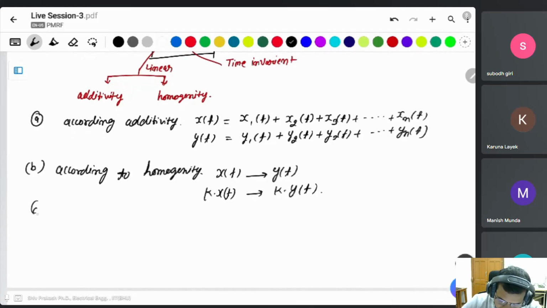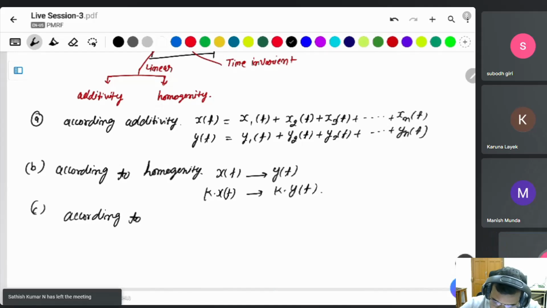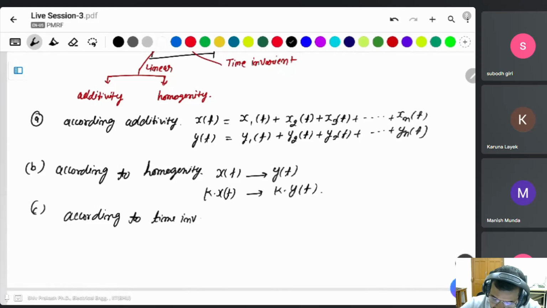Third one, according to time invariance. There is some input that gives some output by the system.